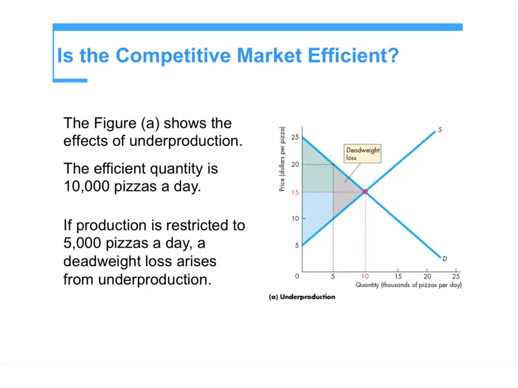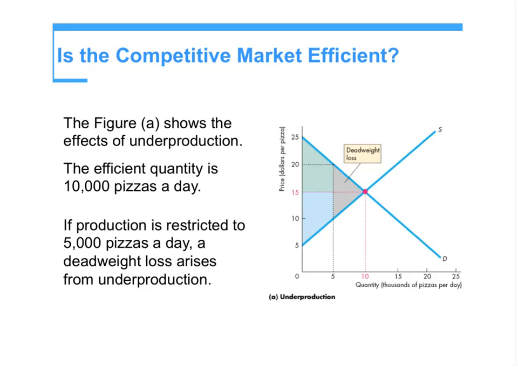You see that red dot where the supply and demand meet each other? But if production is restricted to 5,000 pizzas a day, then a deadweight loss arises.